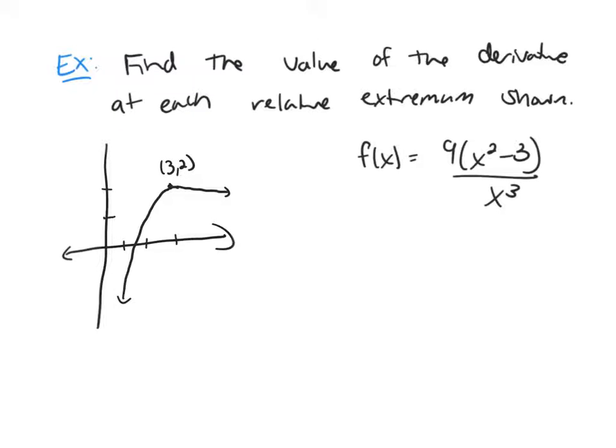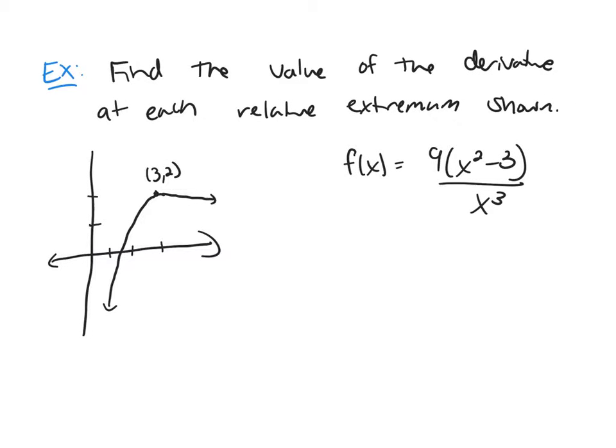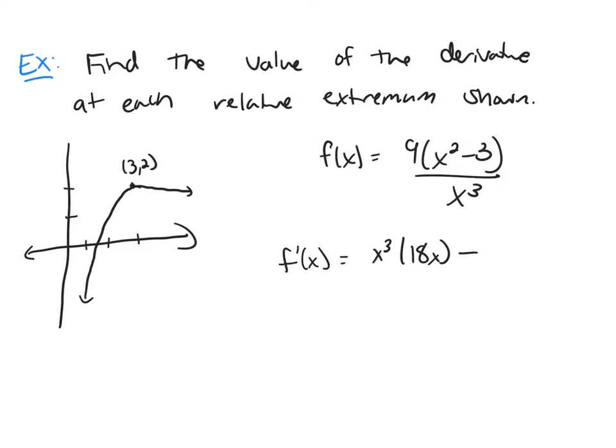Okay, so first thing, I need to take my function and find the derivative of it. We're going to have to use the quotient rule to find this derivative. So low, the derivative of the top, which is 18x, minus the top times the derivative of the bottom, all over the bottom squared.